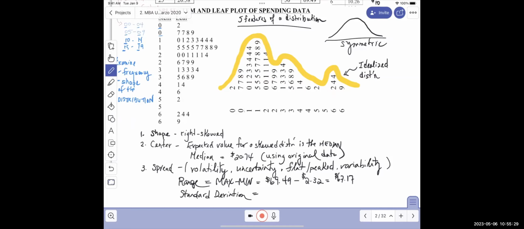The standard deviation looks like this, and I'll explain all that when you see it. So the sample standard deviation, to be clear, because we don't have the population, we just have the sample, is calculated like this. Because the sample standard deviation requires that you use the mean, we have an issue. What's the issue?